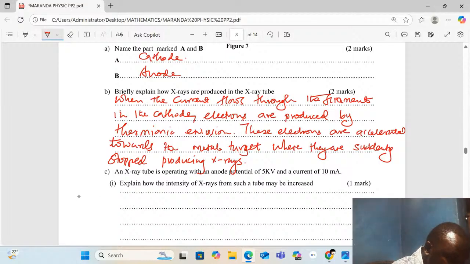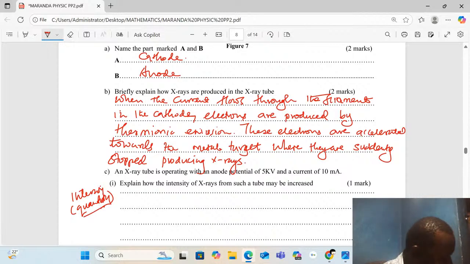For the quantity to increase, you only touch the heating current.